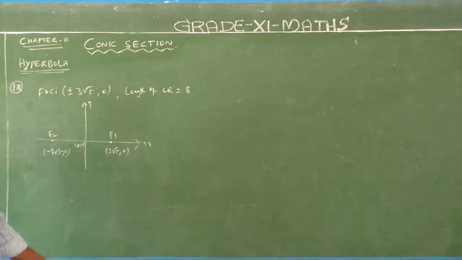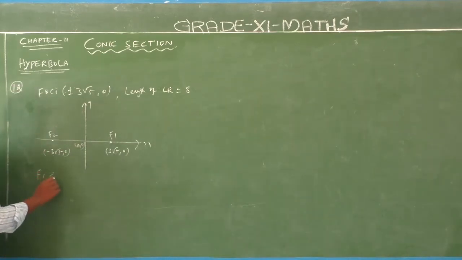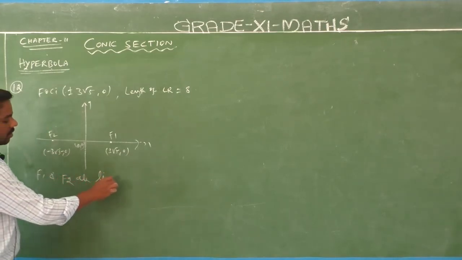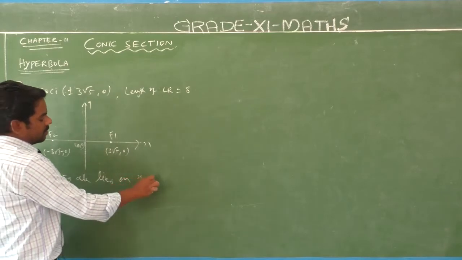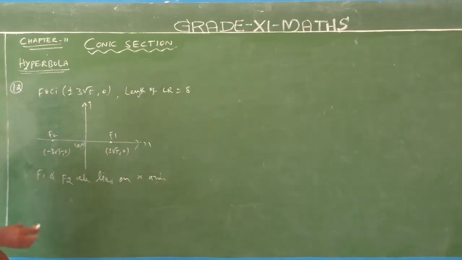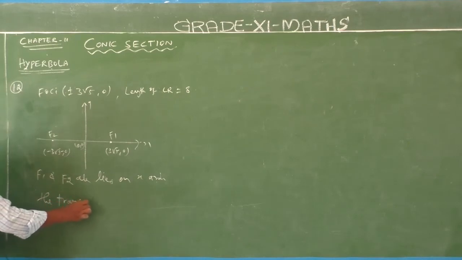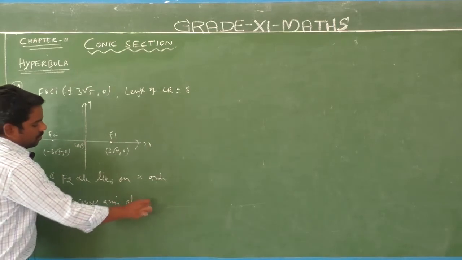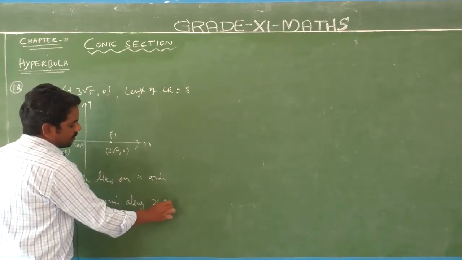See here, points F1 and F2 are fixed points. The foci F1 and F2 lie on the x-axis, so the transverse axis is along the x-axis.